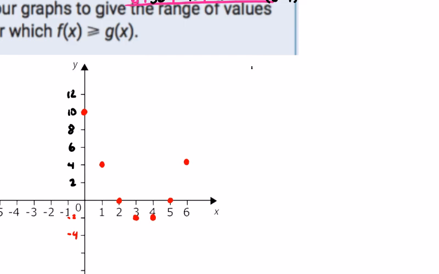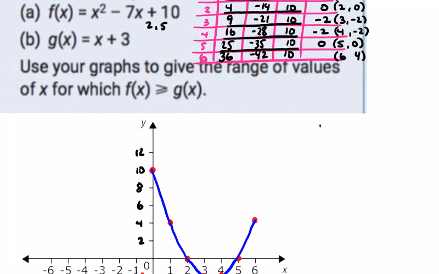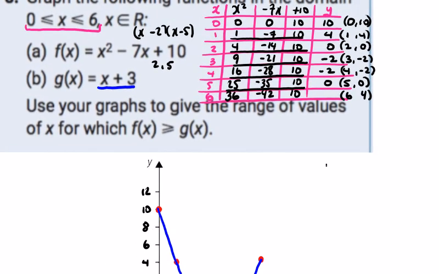So if we sketch it, maybe come down and do the bottom bit first. Now, let's look at the other equation, g of x equals x plus 3. So we just need to get the points at the end of the range. So when x is 0, we're going to get y equals 0 plus 3.